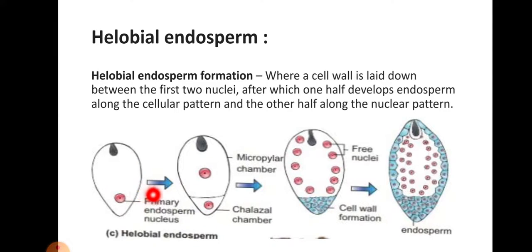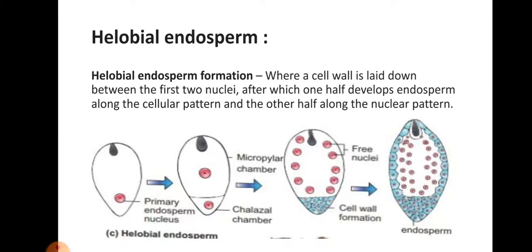Here the primary endosperm nucleus is there, and it will be divided into two cells, and then again it is divided into two structures. Here it is the micropylar end, and here it is the chalazal end. Near the chalazal end, the cell wall formation takes place, and here the free nuclei are present. So this type of endosperm is known as the helobial endosperm.